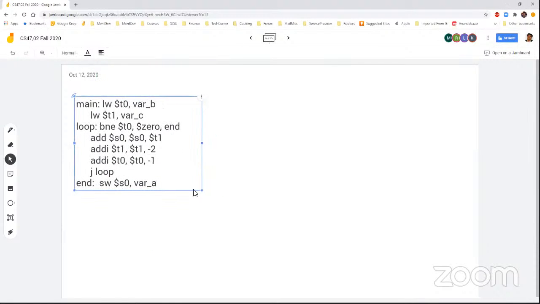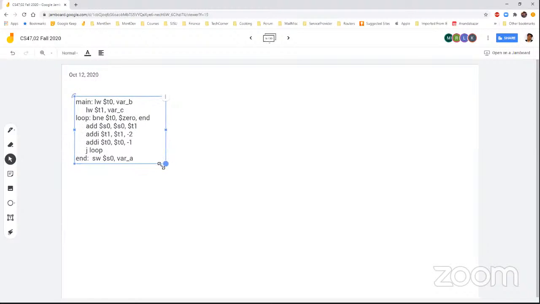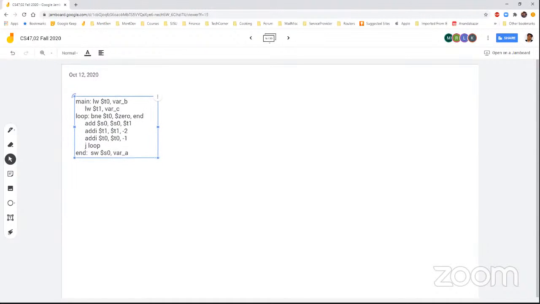You have been given a piece of code and you were asked to write the machine instruction at the label loop. So this part you need to make. This BNE, with $t0 and $0, that one you need to answer: generate the machine code for that.